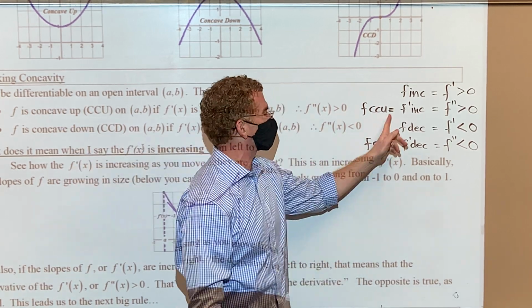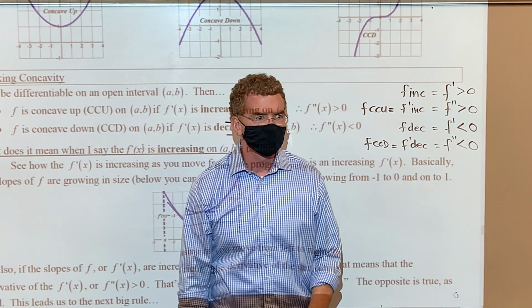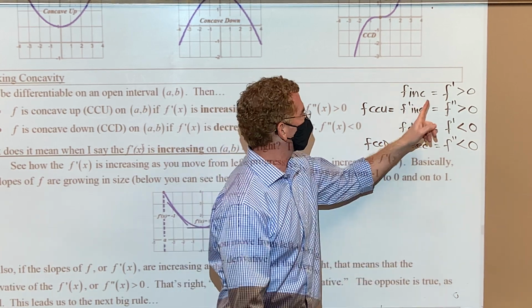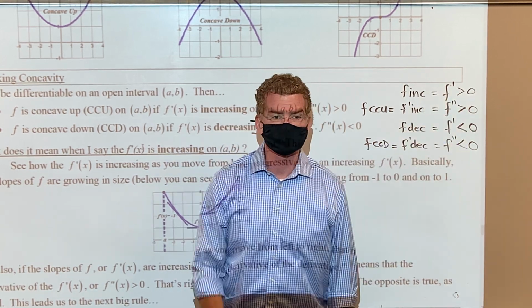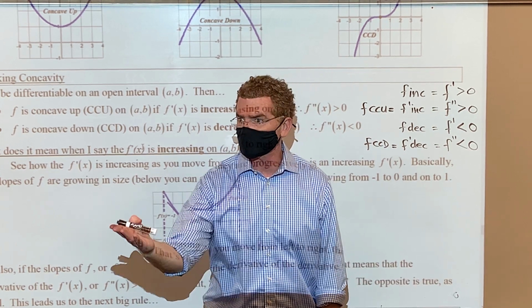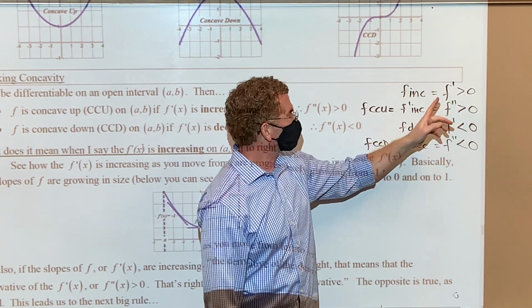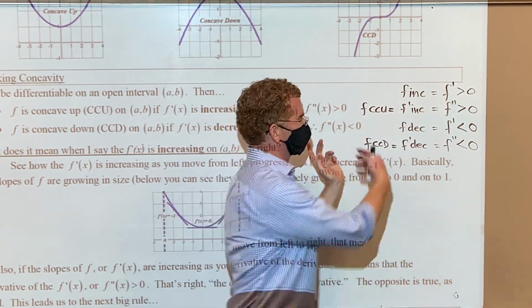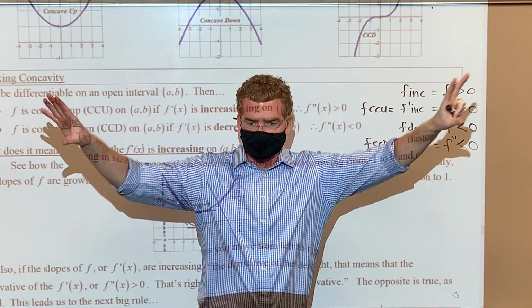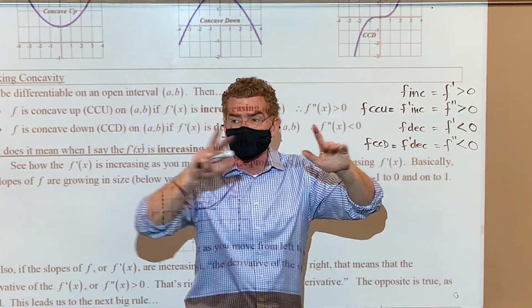Now, what if I say f prime is positive? What does that mean? What's increasing? The f is increasing. So if I told you that f was positive, that just means it's above the x-axis.